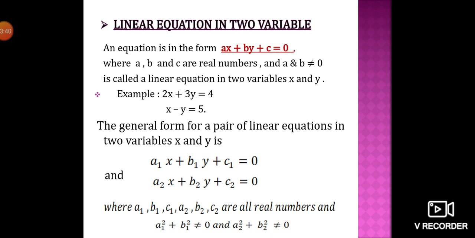And the condition a1 square plus b1 square, that is adding the squares of both the numbers, should not be 0. And here also the first two constants, that is a1 and b1, and a2 and b2 should not be 0. If it becomes 0, then only we are getting the value c1. It is not a linear equation, it is only a constant.